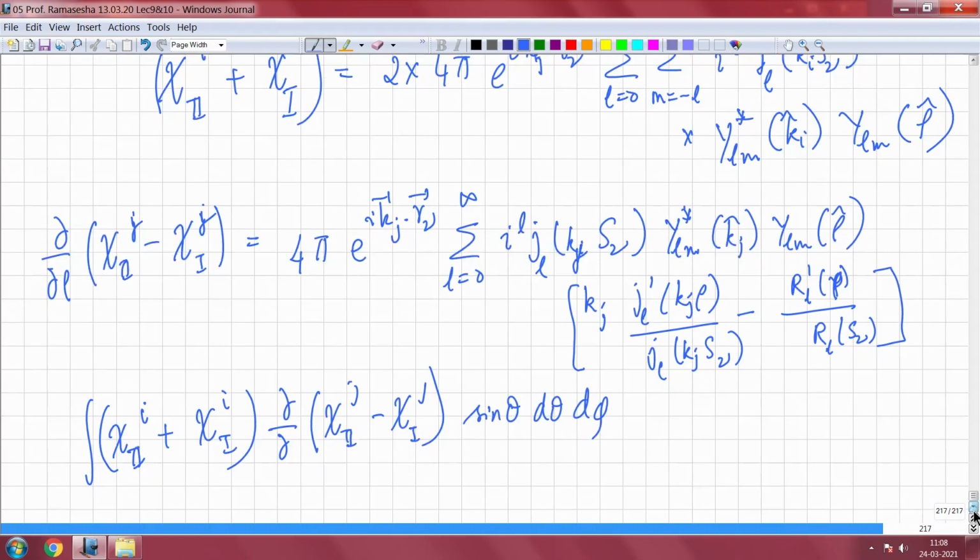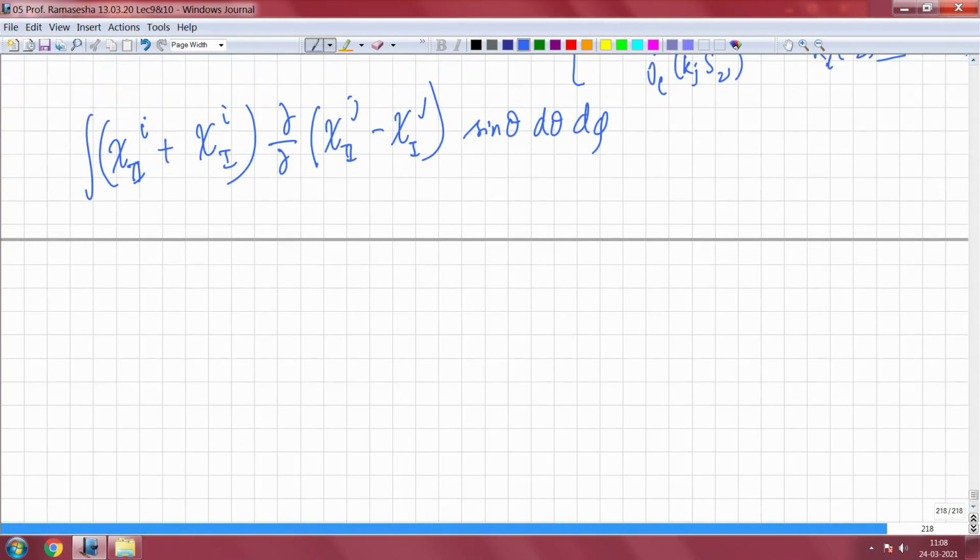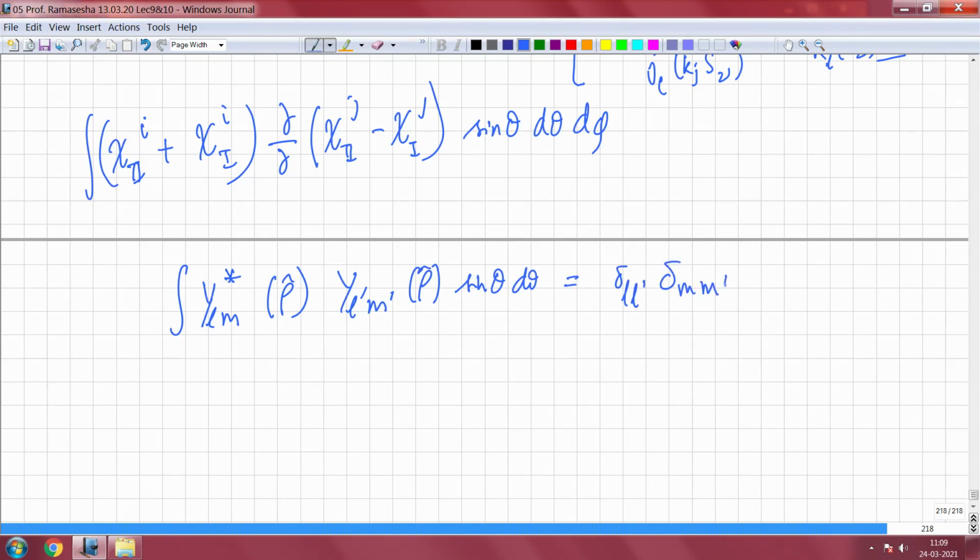When we substitute the terms, then we can use the following orthogonality relationships of the spherical harmonics. For example, we can show that the integral of Y L M rho, Y L prime m prime rho, sin theta d theta is equal to delta L L prime delta M M prime.